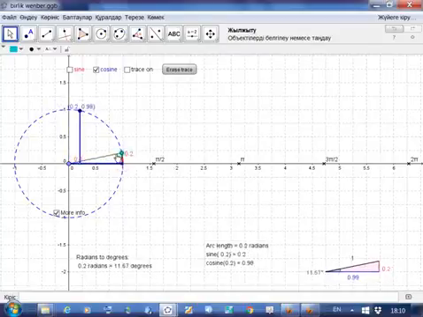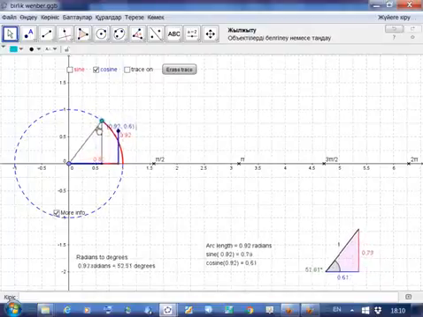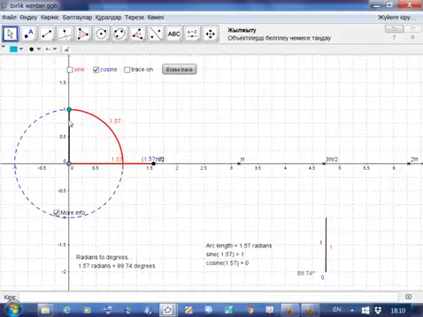Now, if we increase the angle, the blue line segments are decreasing. That means the value of the cosine is decreasing. When the angle is equal to 90 degrees, we can't see the blue line because the length is equal to 0. That means the cosine for 90 degrees is what? 0.